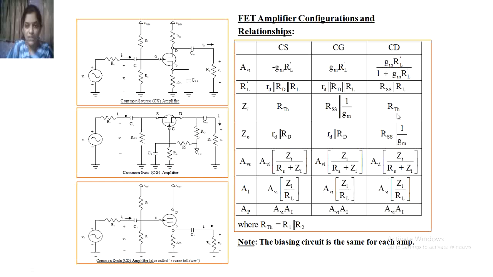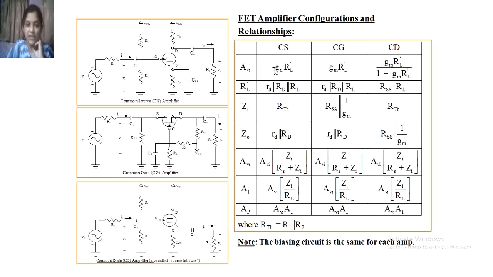Okay. Now for the relationships of this circuitry, the input gain is minus gm, the transconductance, times the load resistance. Likewise for the Cg and Cd.